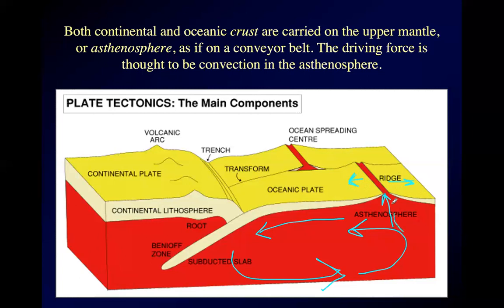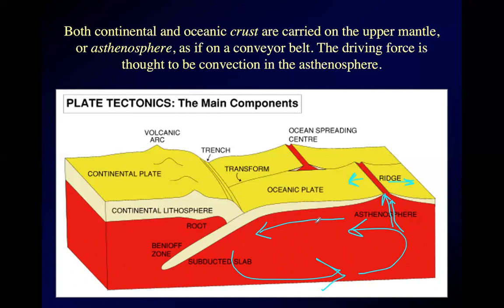Rising rock comes up through here. It actually melts right as it gets to the ridge and pushes its way in between two plates and forms new sea floor. Sea floor is constantly being made at these mid-oceanic ridges. The youngest rocks on the bottom of the ocean are the ones that are forming now in places like the middle of the Atlantic.